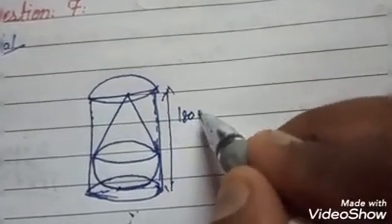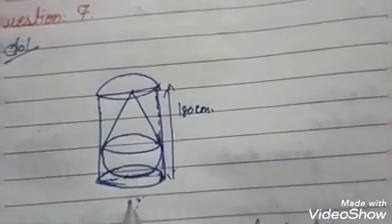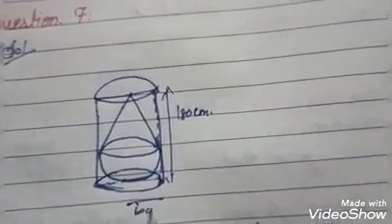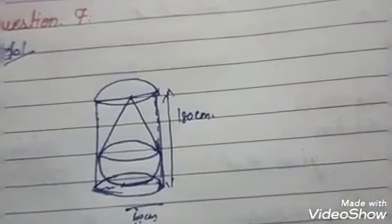Now you need to know the total height of the cylinder is 180, and the radius of the cylinder is 60 centimeters. So the radius is equal for the cone and the hemisphere.